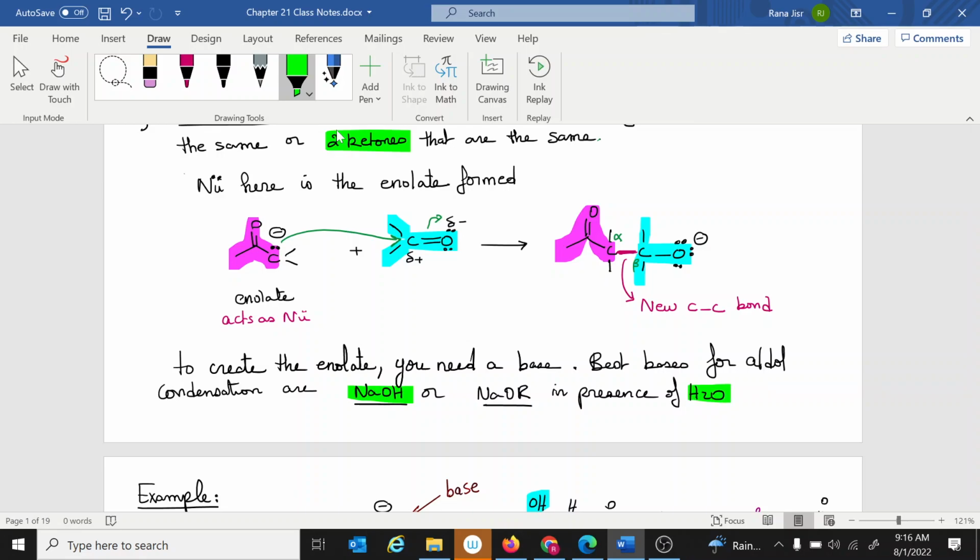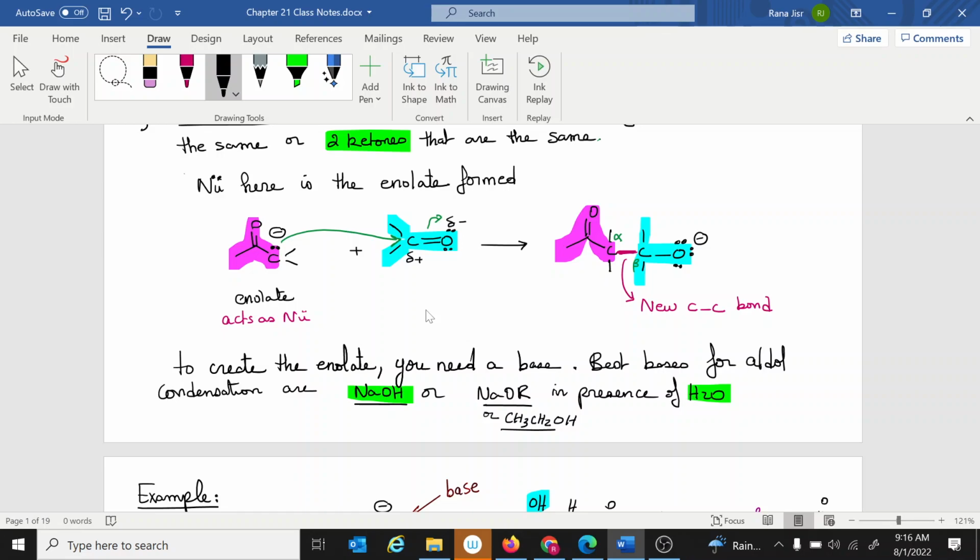If you use a sodium alkoxide, like O-methyl or O-ethyl, normally with that we use an alcohol, methanol or ethanol, depending on the R that you are working with. If the R is an ethyl group, then you use ethanol.